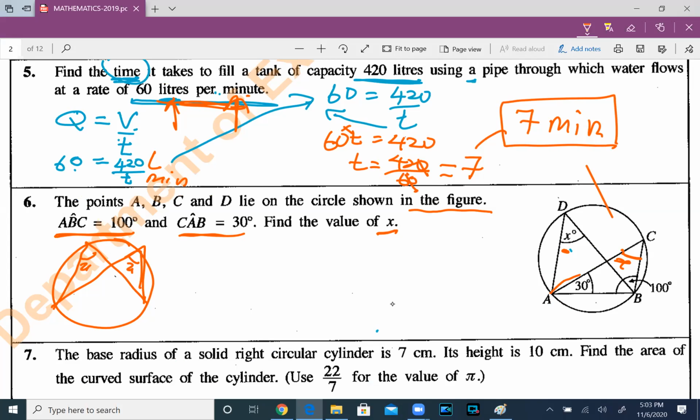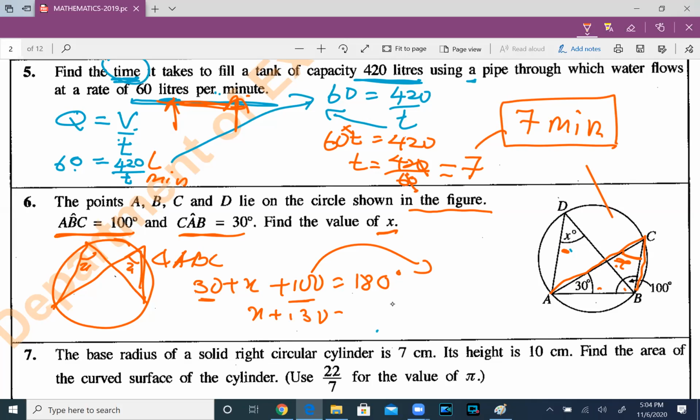So if you see here, ABC is a triangle. The sum of the interior angles of a triangle is equal to 180. So 30 plus x plus 100 is equal to 180. So x plus 130 is equal to 180.